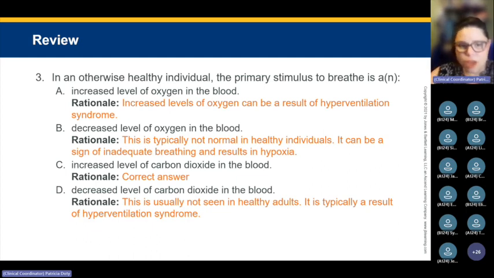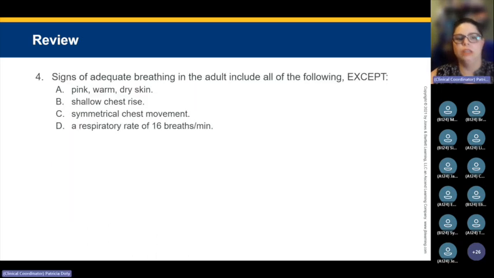A decreased level of oxygen in the blood in healthy individuals can be a sign of inadequate breathing, such as hypoxia. And decreased level of carbon dioxide in the blood is usually not seen in healthy adults, and it's typically a result of hyperventilation syndrome. All right, so C is the correct answer there.